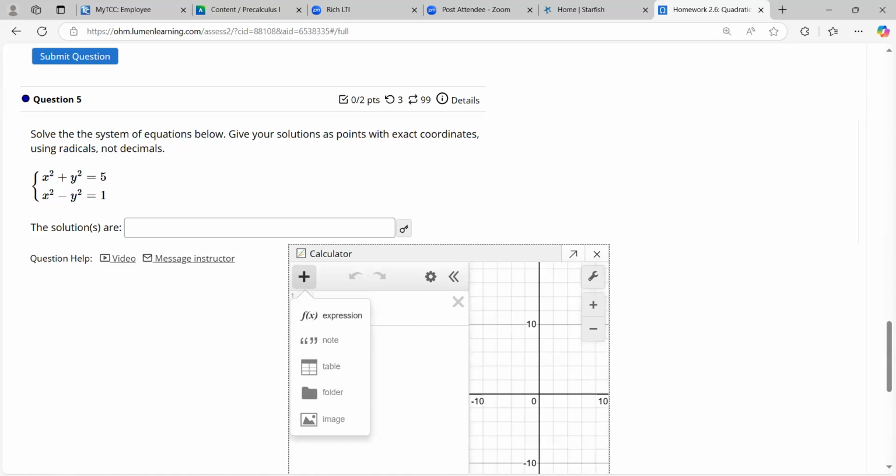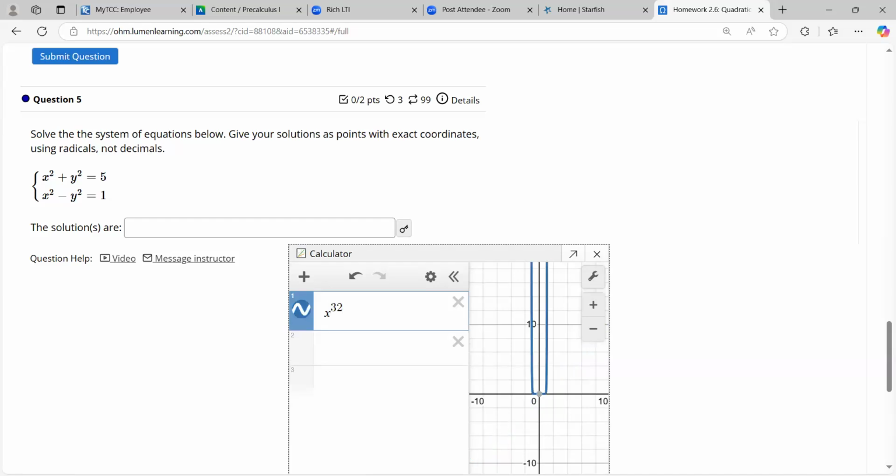We enter the equation x squared plus y squared equals 5, right? It's a circle centered at the origin with radius √5, not 5, √5.